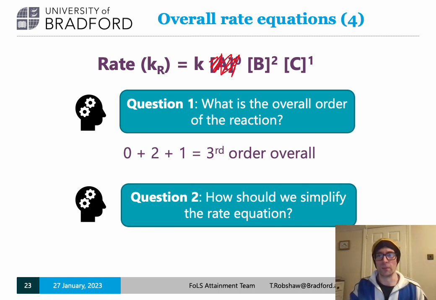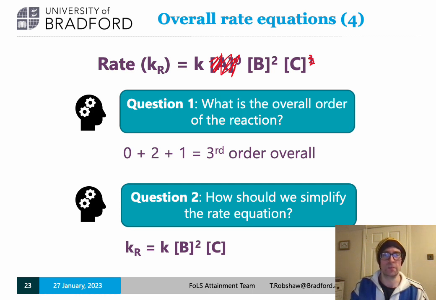And for the C term, any number to the power of 1 is just that number. So this also can be simplified as shown. However, do bear in mind that the power of 1 should still be counted when you're adding the powers together to work out the overall order of reaction. So that's the simplified version of the rate equation there. Rate is equal to k multiplied by concentration of B squared multiplied by concentration of C.